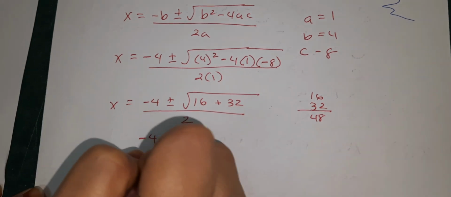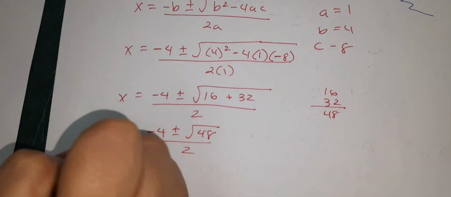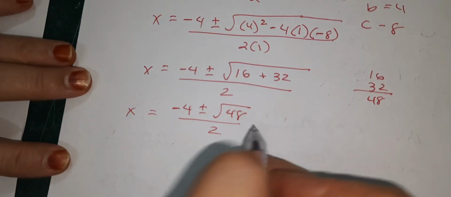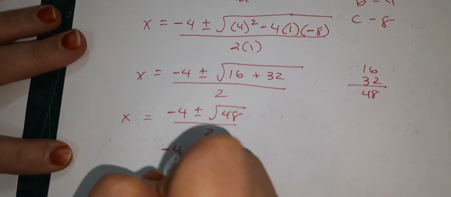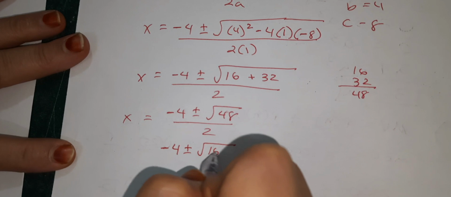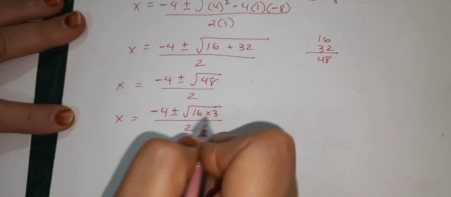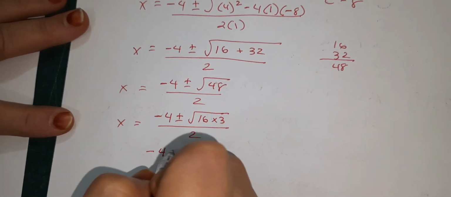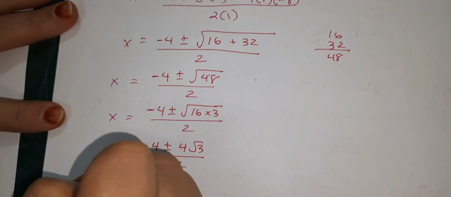So minus 4 plus or minus root 48 over 2. Now if you realize, this 48 is 16 into 3. So I can look up 48 in the tables, or I can rewrite this as root of 16 into 3 over 2, so root 16 is going to be 4. Minus 4 plus or minus 4 root 3 over 2.